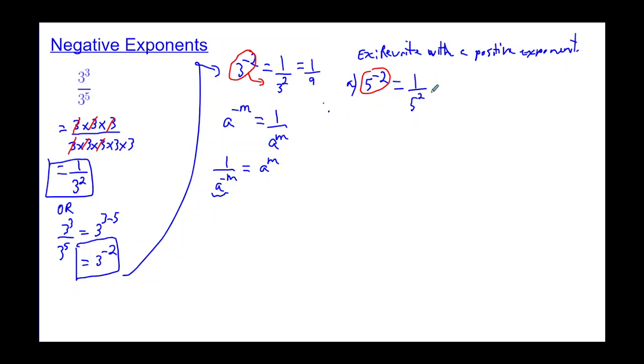Now you might be wondering, what happens if there are multiple powers here? So let's do 4 to the -3 times 3 squared. And in this case, we have one power with a negative exponent and the other with a positive exponent.